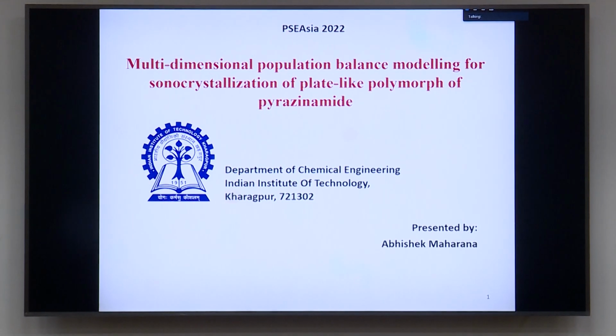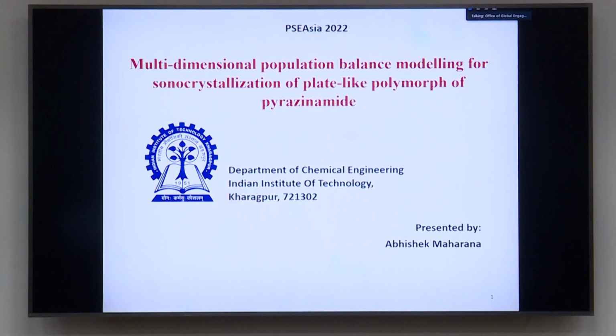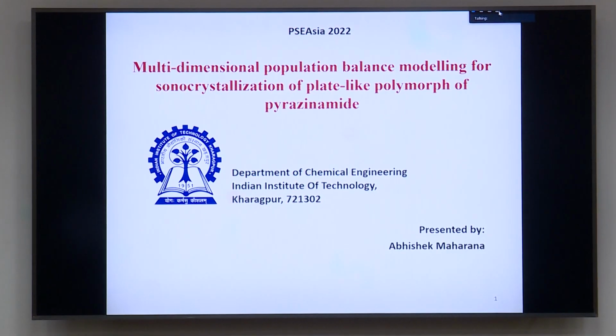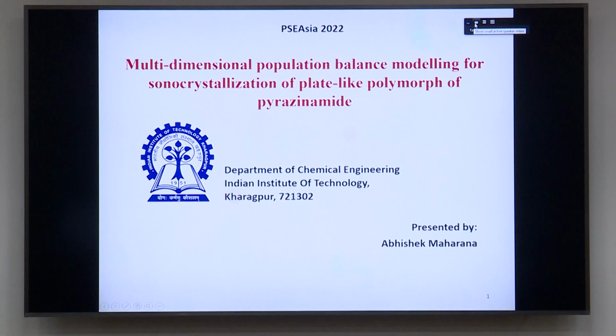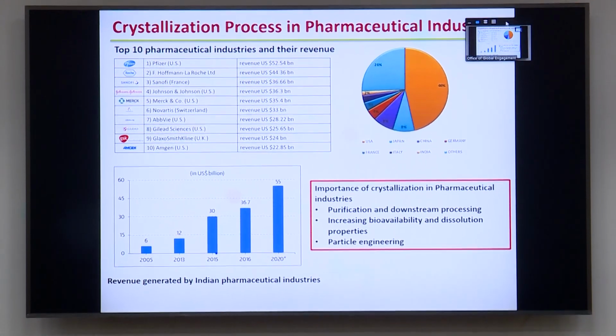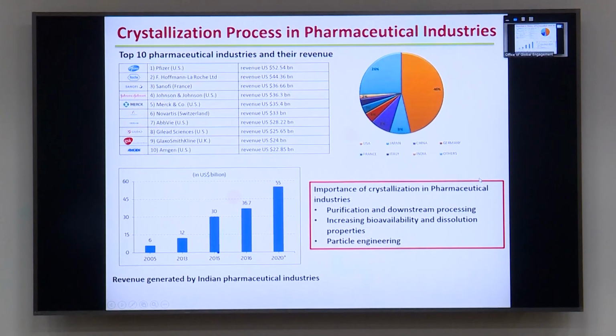Good morning, everyone. Myself, Abhishek Marana. I'm from IIT Kharagpur, and I'm working on multidimensional population balance modeling in crystallization processes. So today, first of all, I will be talking about the major use of crystallization processes in pharmaceutical industries.